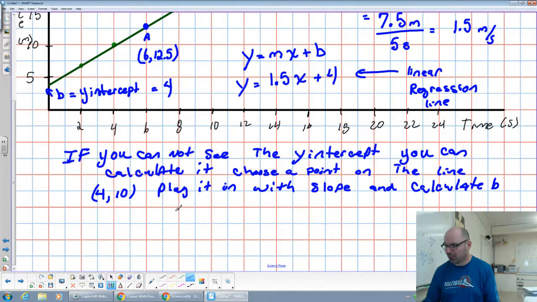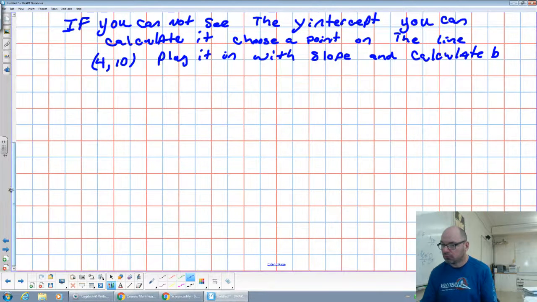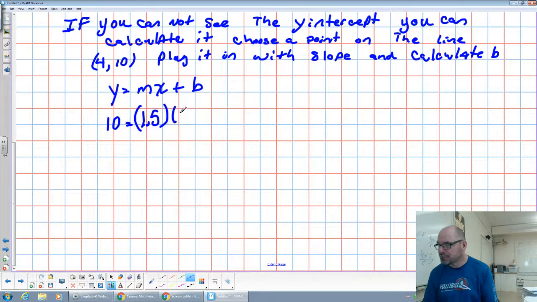So here's what it would look like. We're going to start with y equals mx plus b. We're going to plug in 10, 4, so 10 for y, 1.5 for m, and 4 for x.